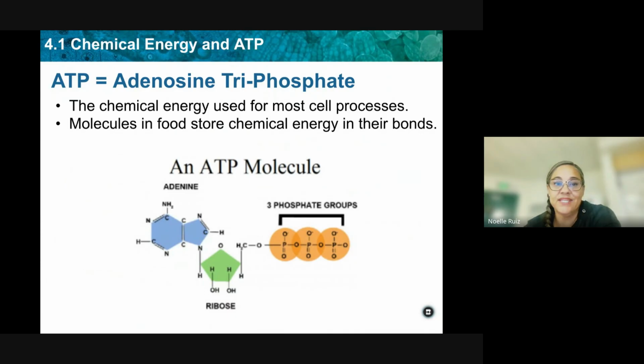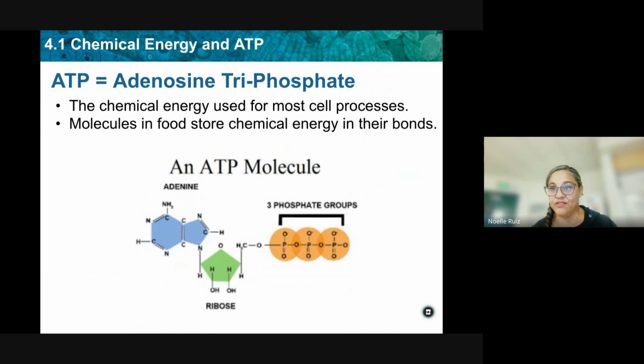So it stands for adenosine triphosphate. It is the chemical energy used for most cell processes. And molecules in food store this energy in their bonds.